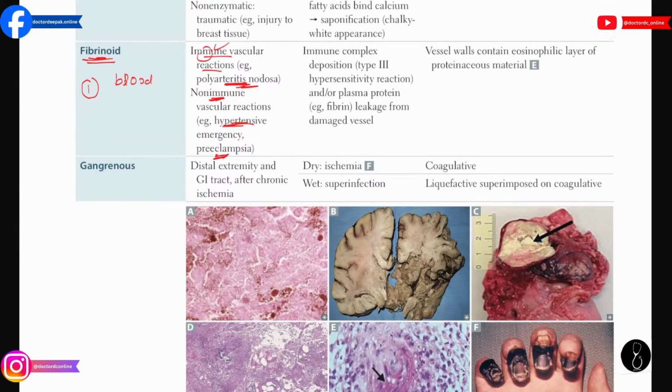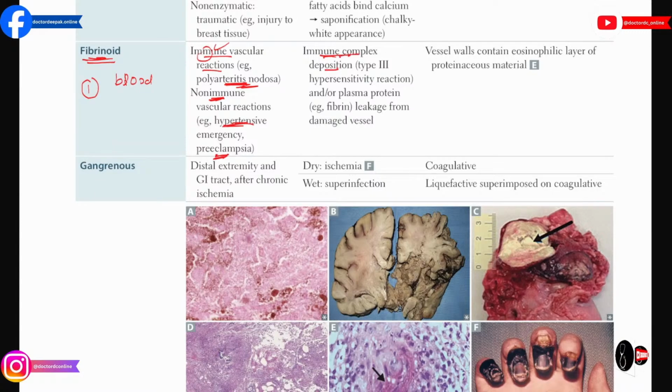In immune complex diseases, in immunovascular diseases, basically there is deposition of immune complexes, and that we will study in immunology. They can ask you in fibrinoid necrosis what deposits are deposited in different kinds of tissues.